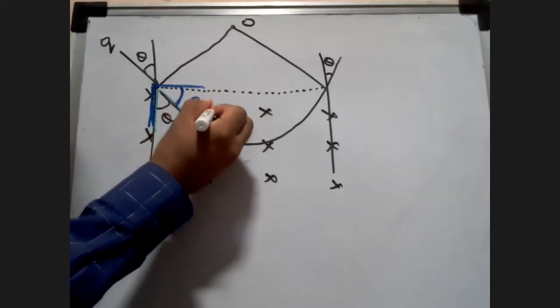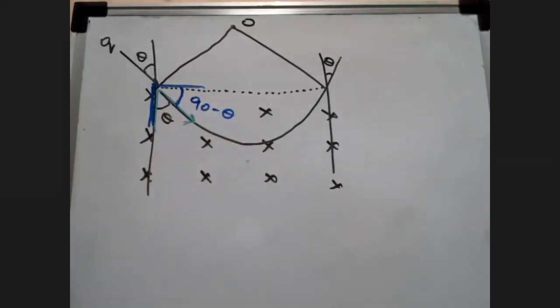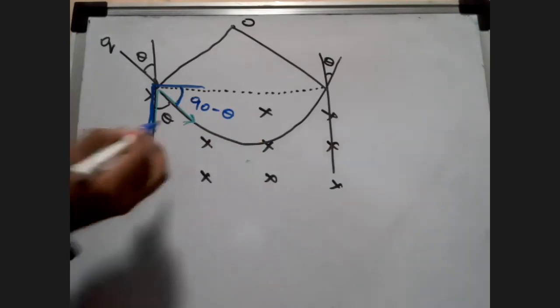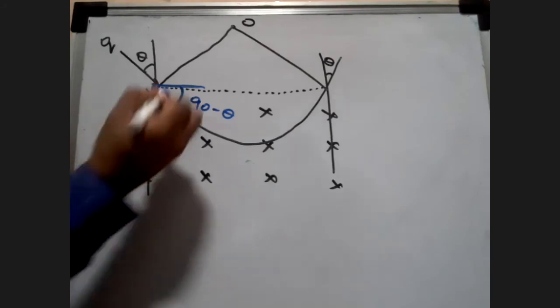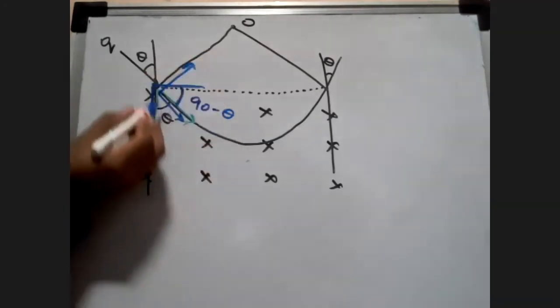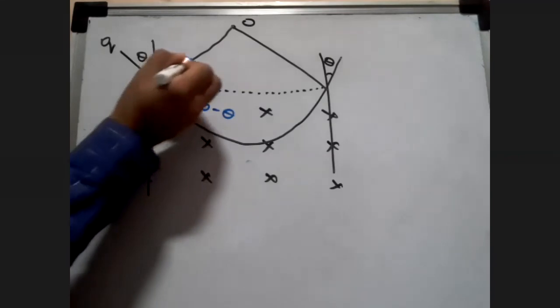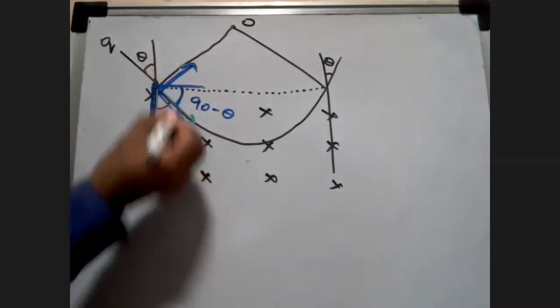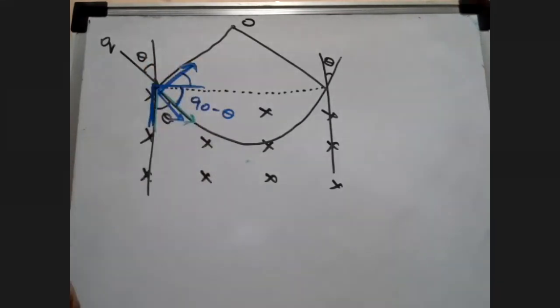Students, please keep telling me. If this is 90 minus theta, then there is also another 90 degrees here. If this is 90 degrees here, this is also an angle theta here. Look here. This is also 90 degrees. So what will be this angle then?